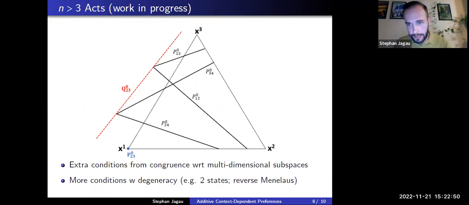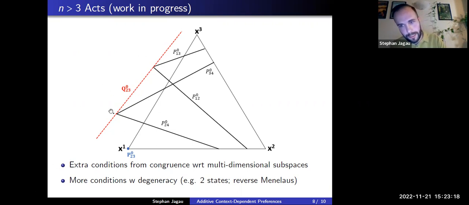Now, just a little teaser, how does it work with more than 3 acts? Well, in principle, stuff works the same. Again, let's look at a situation with 4 acts. Now we can have more complicated situations where, for example, here we have 2 triple intersections, 1, 2, 3 and 1, 3, 4, and 2, 4. Those already in a 3-state setup would uniquely pin down my 2-3 pairwise comparison.